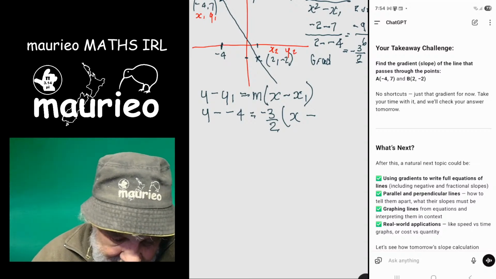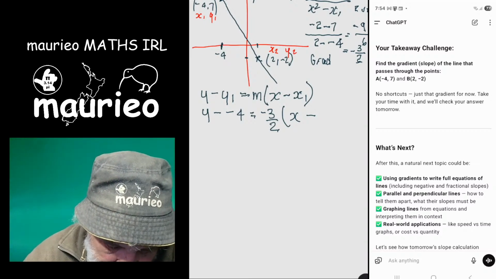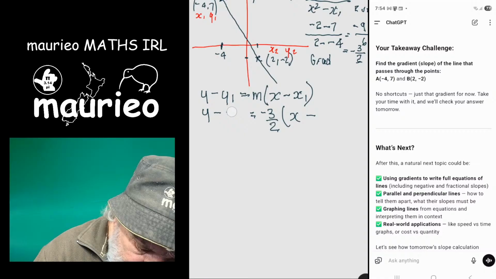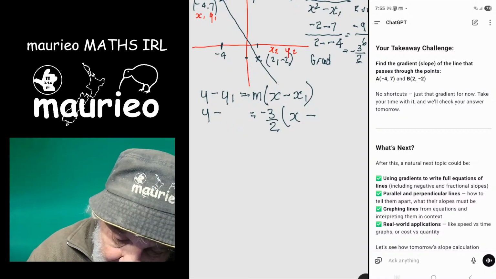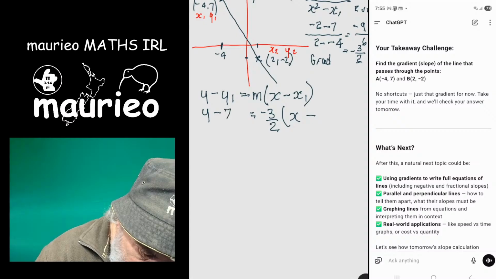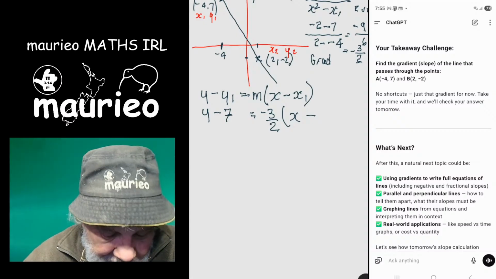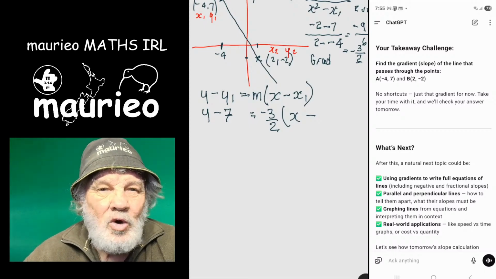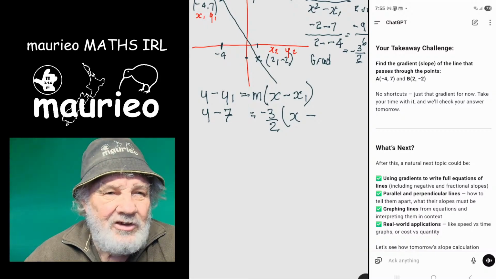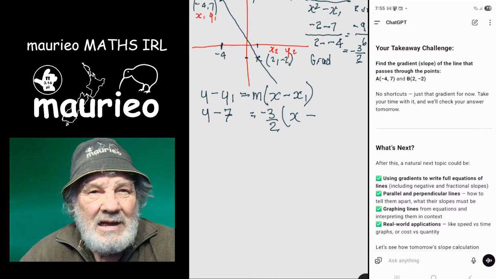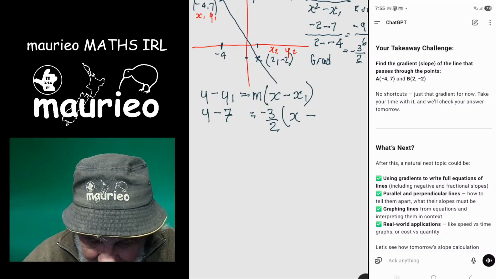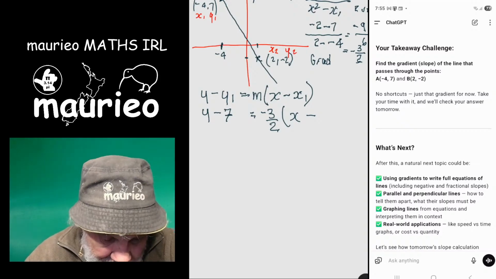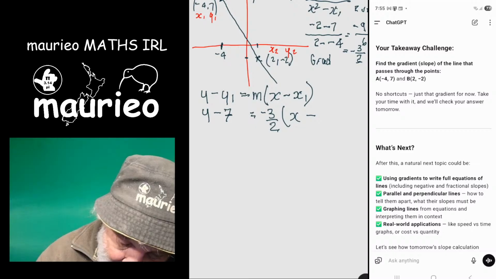Now I've made a mistake there. Y minus y1. Y1 is in fact 7. So let's get the eraser out. Okay. Y minus 7. So easily these little mistakes make quite a lot of difference. So easy to make them. So just be very careful. Unlike me. Okay, minus x1, which is -4.